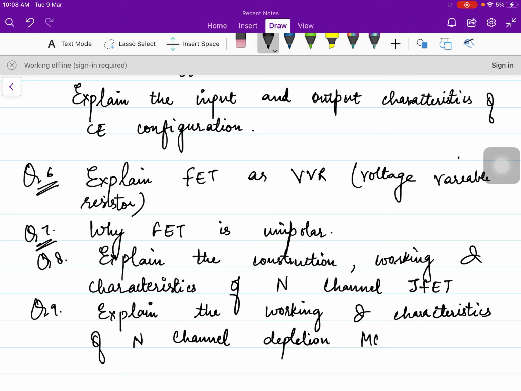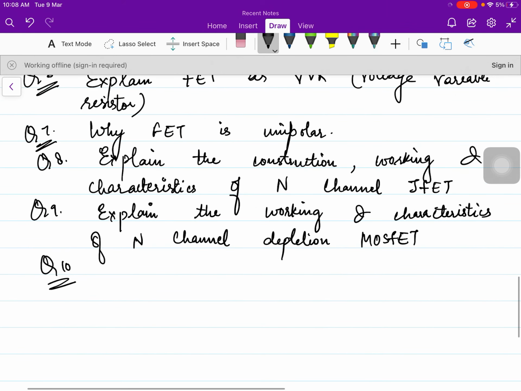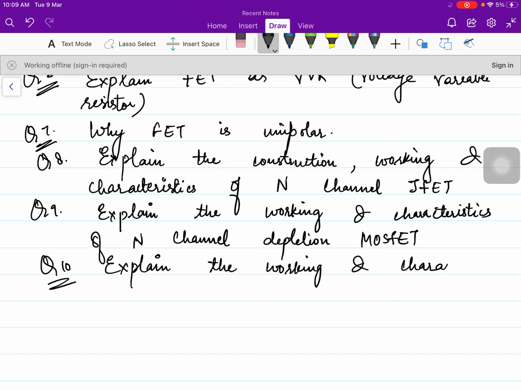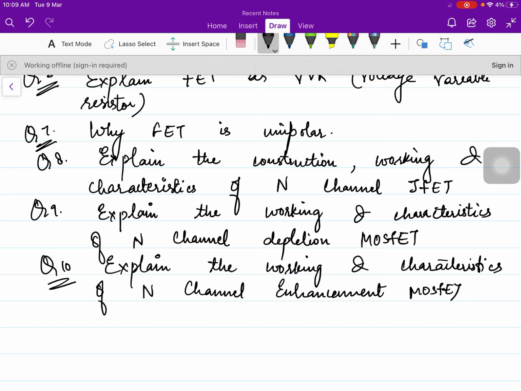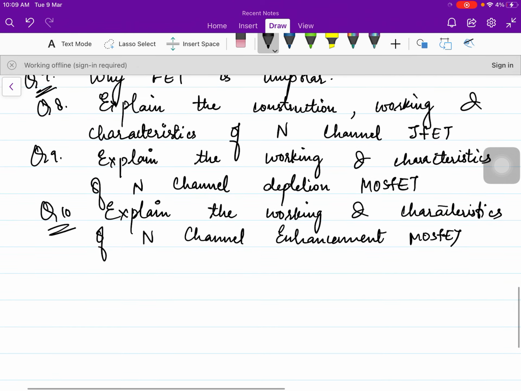It usually comes under 10 marks. And similarly, the same thing could be asked for enhancement MOSFET. So draw the diagrams for the characteristics and the working very clearly. N-channel enhancement MOSFET. Very good and nice topic that we must know being an electronics student.